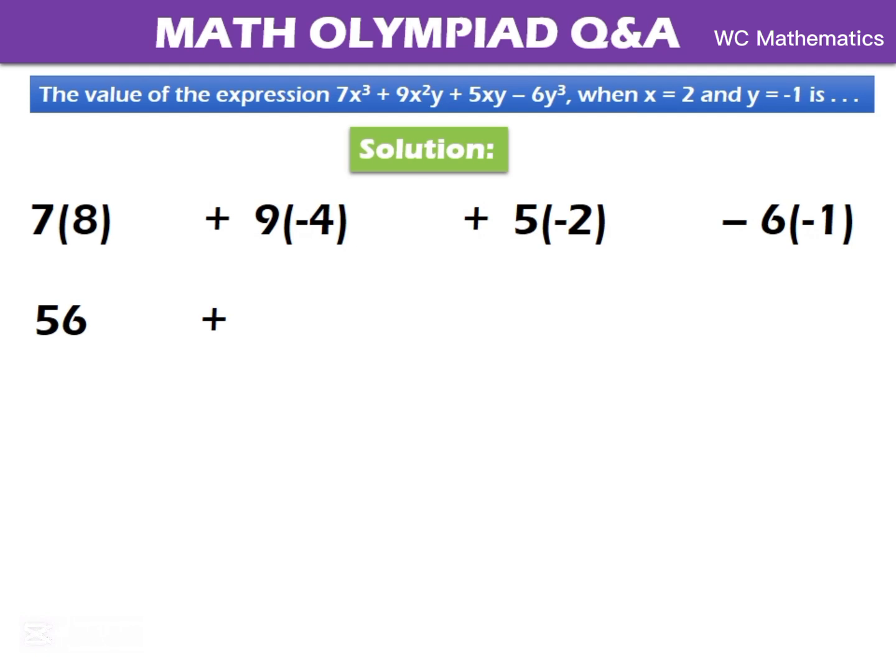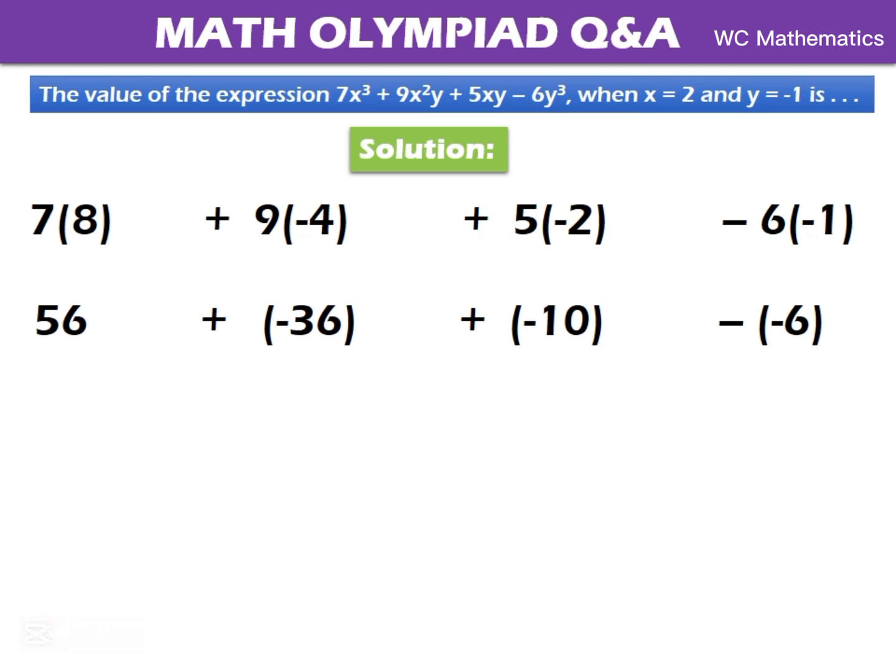The next term becomes plus, note again, 9 times minus 4, minus 36. The next becomes minus, keep the minus sign, 5 times minus 2, minus 10. See that? So finally, the next becomes minus 6, because 6 times minus 1 is minus 6.